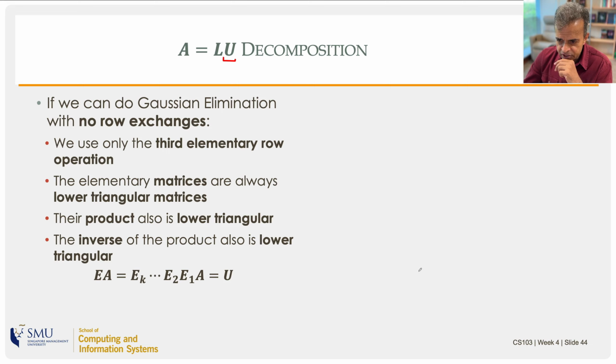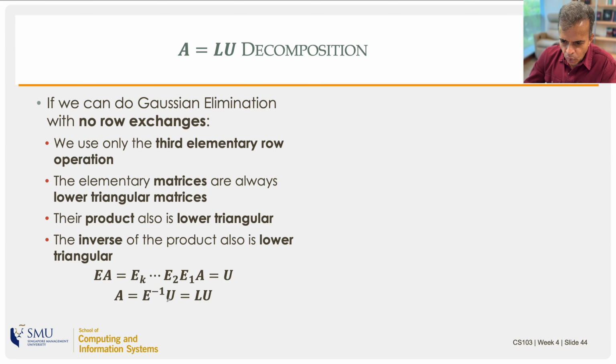So in order to get the REF, we applied a bunch of elementary operations, E1, E2, up to EK in that order. Then once I have the REF, all I have to do is to multiply by the inverse of the elementary operator, which is why we spent some time understanding what the inverse of elementary matrices were.